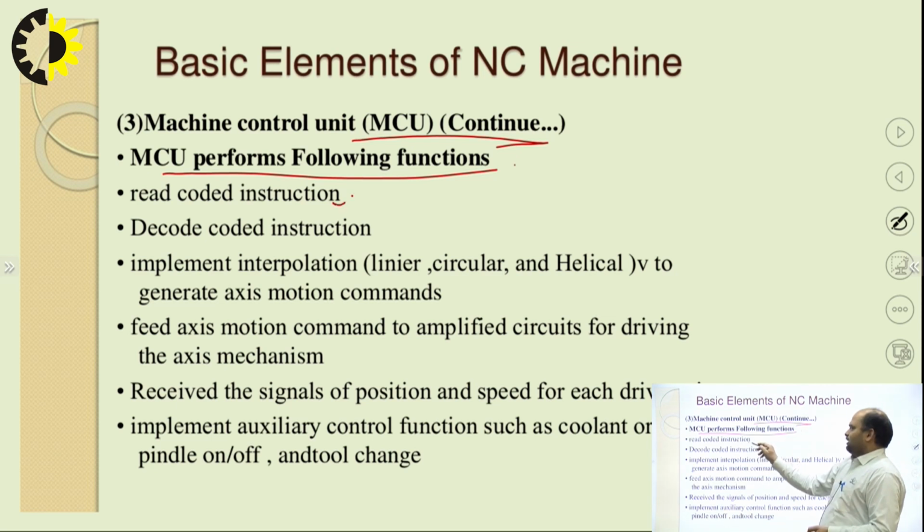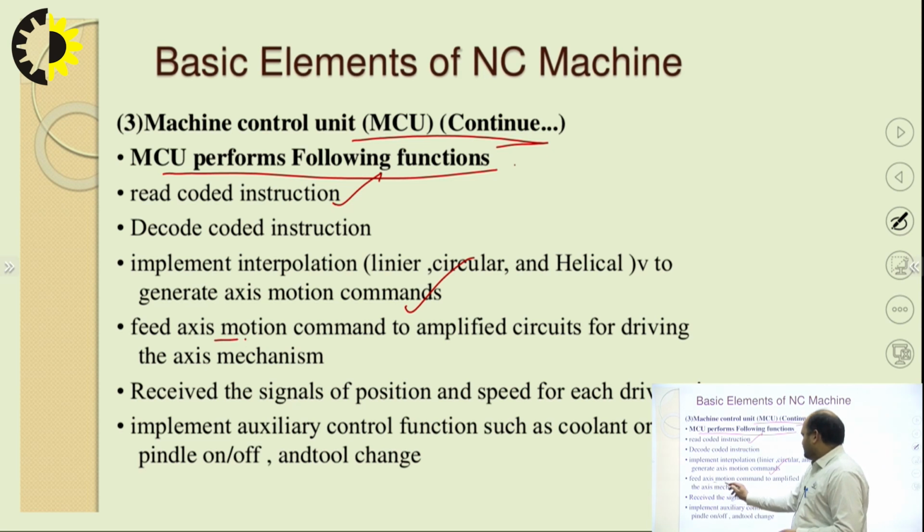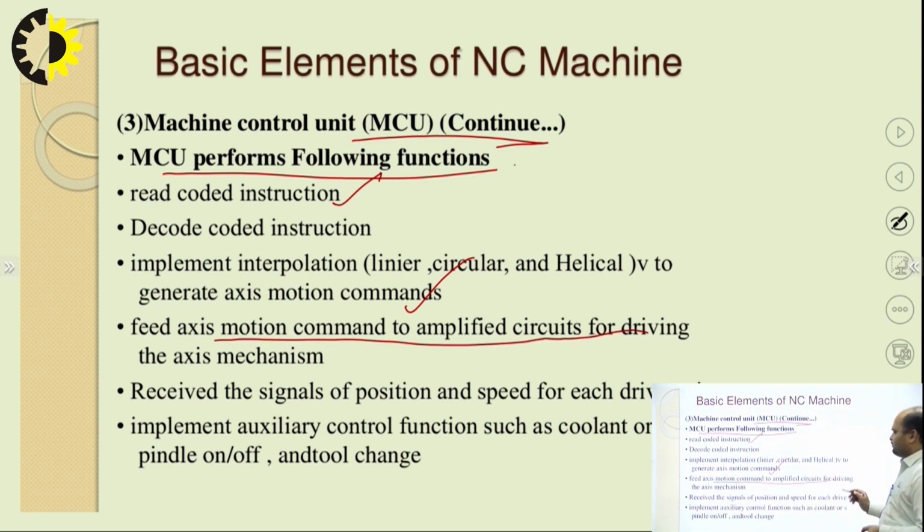First, it reads the coded instructions, decodes them, implements interpolation such as linear, circular and helix to generate axis motion commands, feeds axis motion commands to amplifier circuits for driving the axis mechanism, receives the signals of position and speed for each drive axis, and finally implements auxiliary control functions such as coolant, spindle speed on/off and tool change.